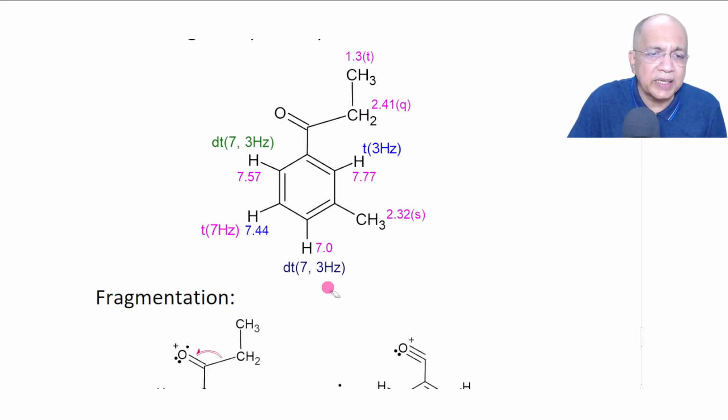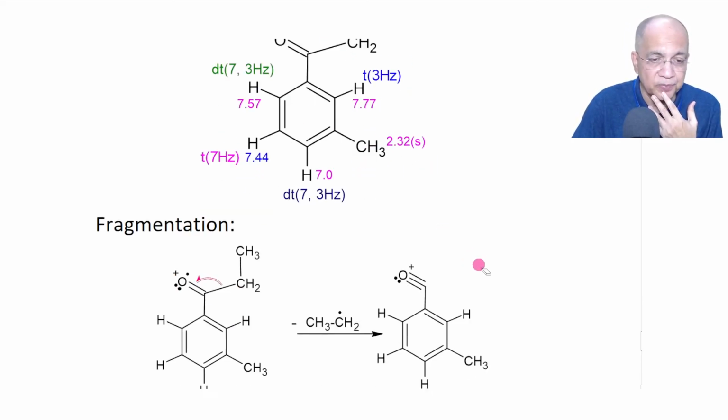The only thing I did consider is that, out of these two, 7 is the upfield peak, which will be near an electron donating group, and the downfield 7.57 dt will be near an electron withdrawing group. And the triplet with a larger coupling constant will be associated with 7.44, and 7.77 with the smaller J value of 3 Hz will be this proton, a triplet.